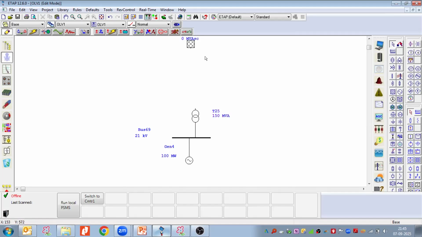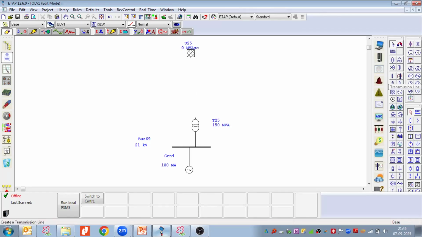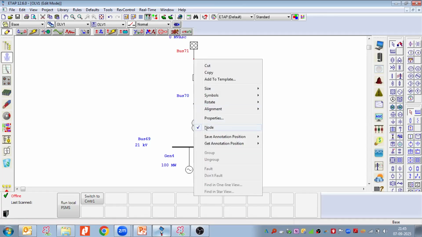The grid would be away. So from the generator, let us take a transmission line, and the transmission line is connected with the grid system.